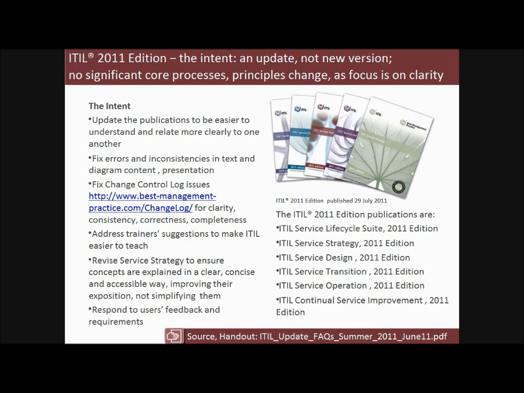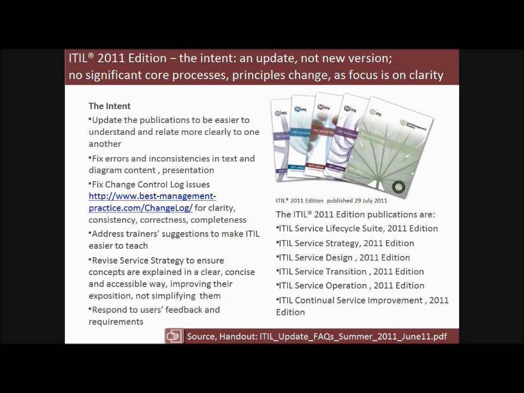So the intent of the update with the 2011 edition was just to clarify things. It was annoying with the 2007 edition of ITIL. It's important to understand they've gotten rid of the V. It's not a new version, V4. It's the same ITIL. V3 has been updated, 95% of it, to clarify things.